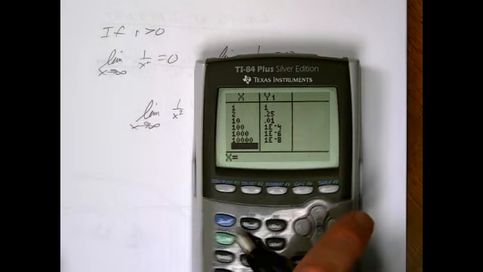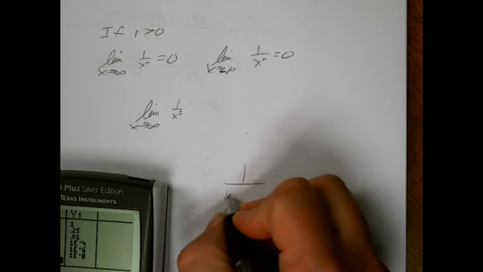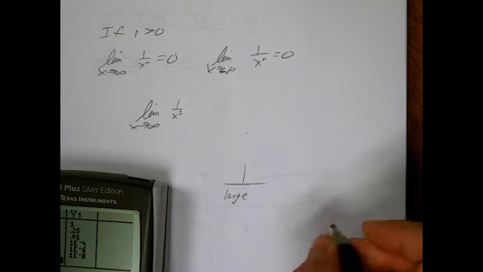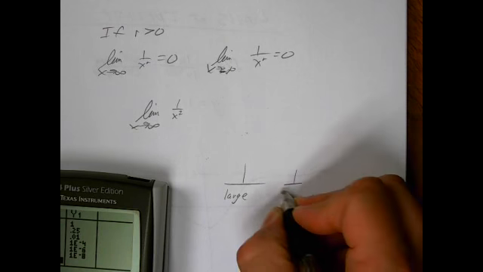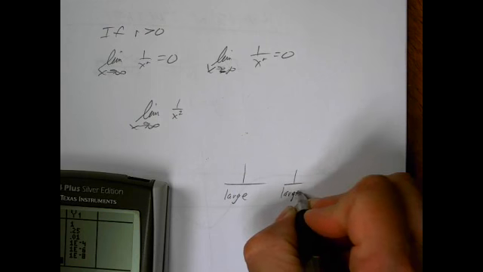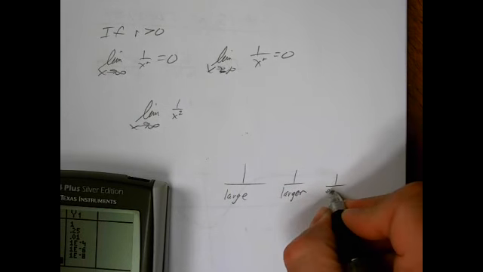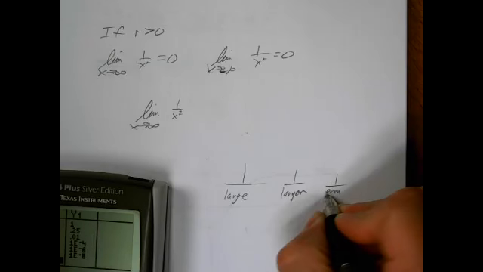So what is happening in essence is I'm taking the 1 and I'm dividing it by a large number. Then I'm taking the 1 and dividing it by a larger number. Then I'm taking the 1 and dividing it by something that's even bigger.